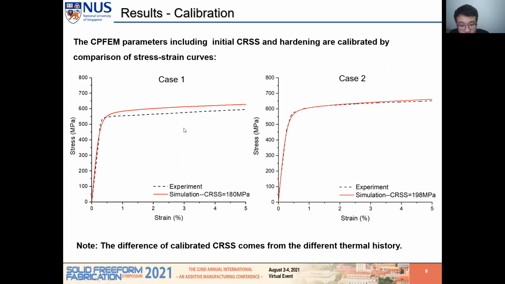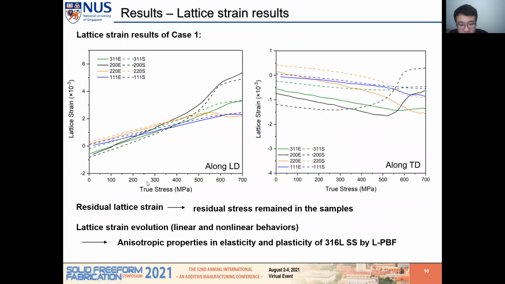We calibrate the two cases by their experimental stress-strain curves respectively and use these calibrated values for subsequent simulations. One thing to mention is that the difference of the CRSS comes from the different thermal history due to different process parameters, because we set the CRSS temperature dependent. So it's reasonable here.